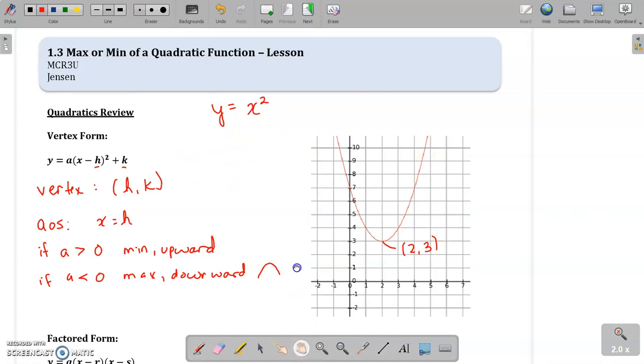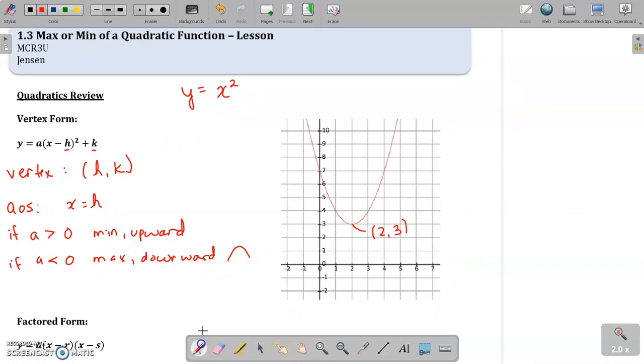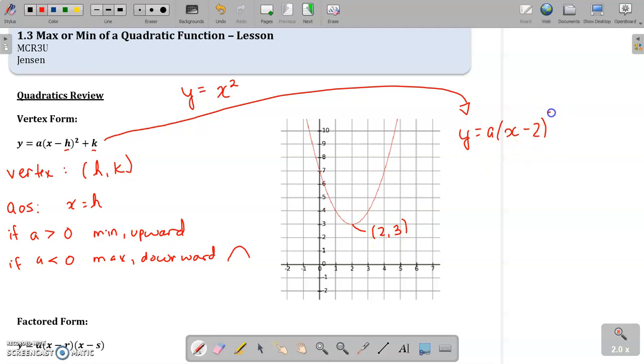So given that, if we fill it into the general form of the equation, then we have y equals a times x minus 2 squared plus k, which your k is 3. So that means your vertex is 2, 3.